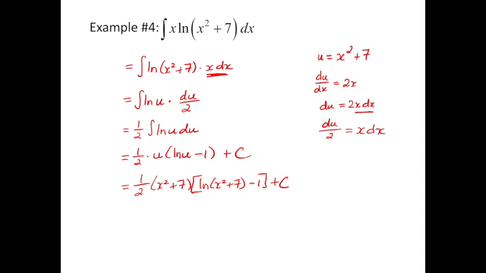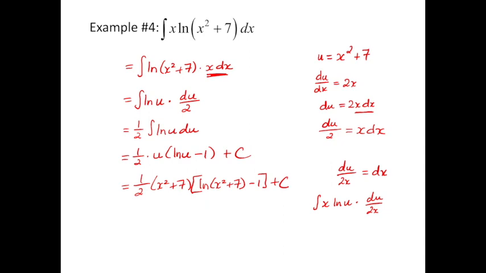The other way that we could have approached this would be to, instead of writing the du over 2 equals x dx, say, well, du over 2x is equal to dx, and then make the substitution and say, well, we have the integral of x ln of u times du over 2x.